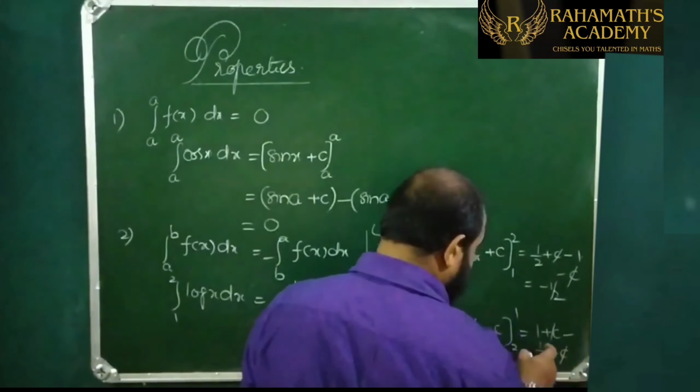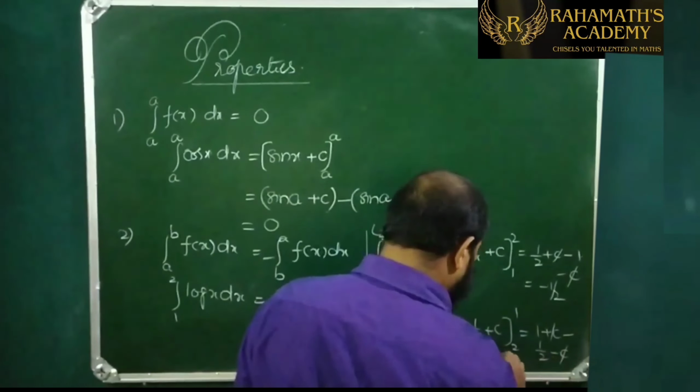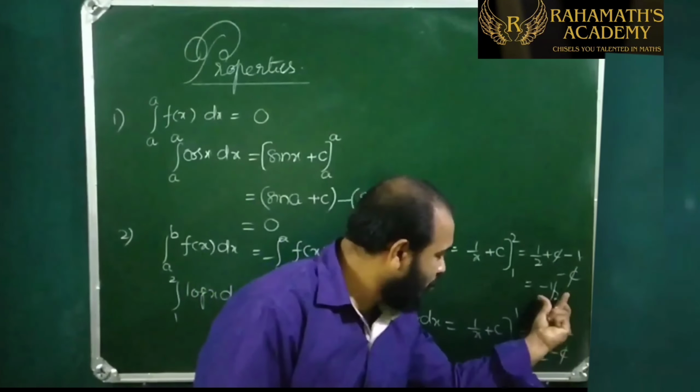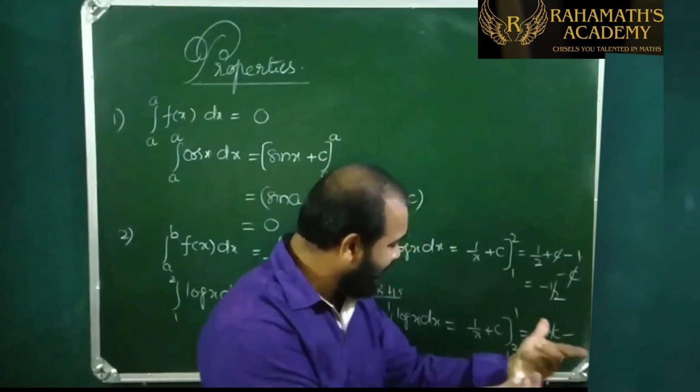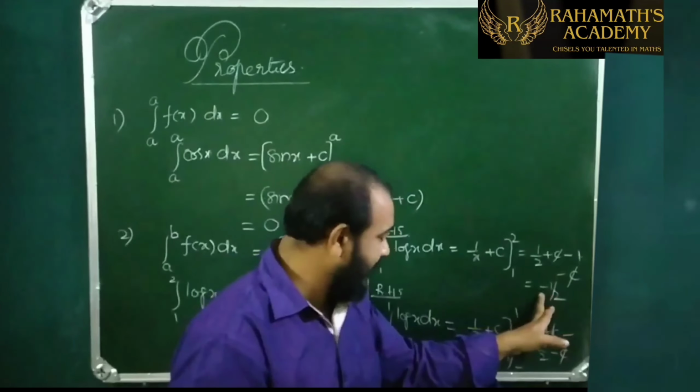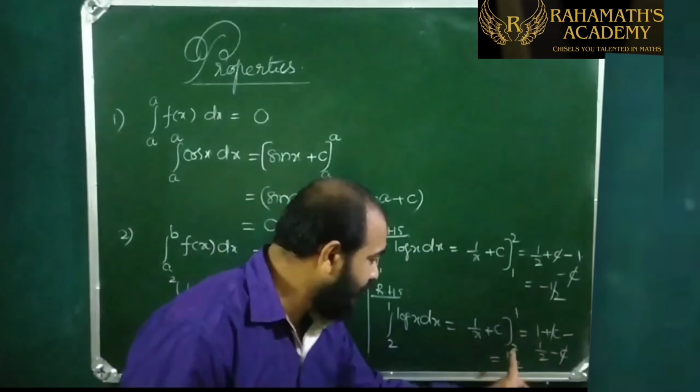C gets cancelled. 1 minus half is plus half. Therefore, there is no change in the numerical value. This 1 by 2 and this 1 by 2 remain unchanged, but the difference arises in the sign. So this is minus half, this is plus half.